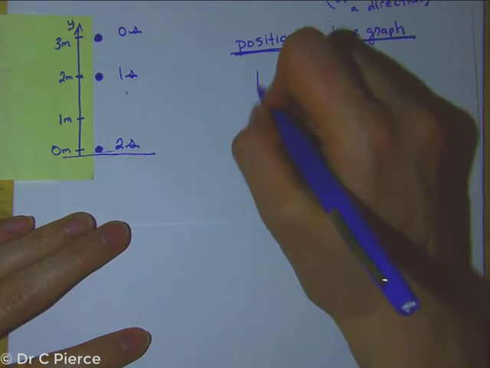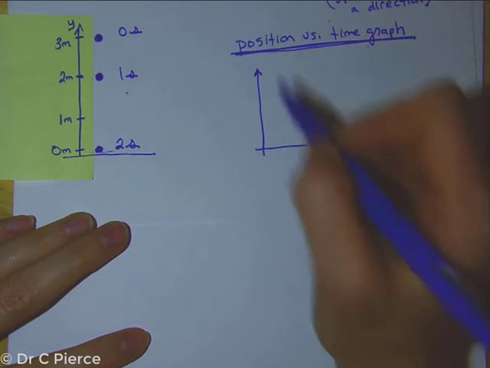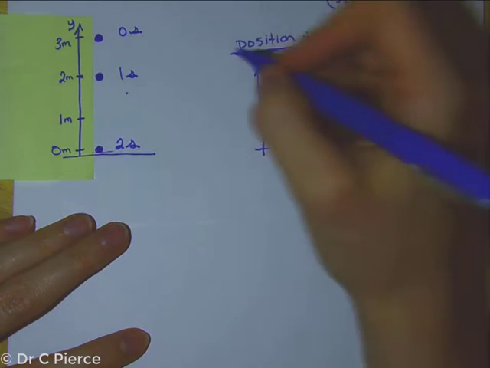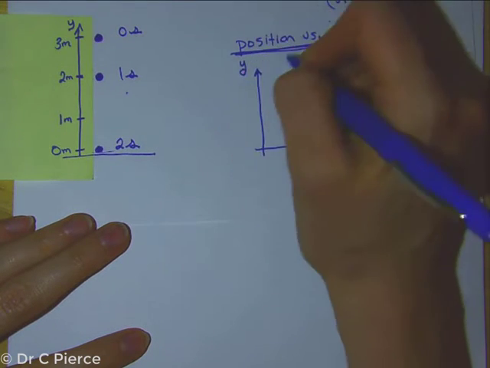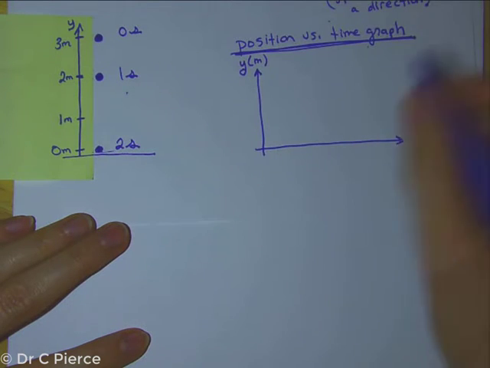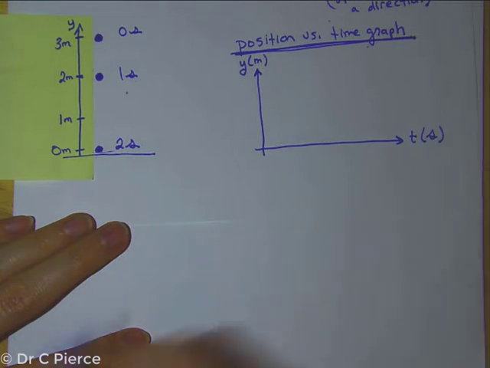So I'm going to sketch that out. So position, and in this case my position, we called it y. We measured it along the y ruler, the y coordinate, and that was in meters. And then time is going to be laid along my x-axis here, and that was measured in seconds.